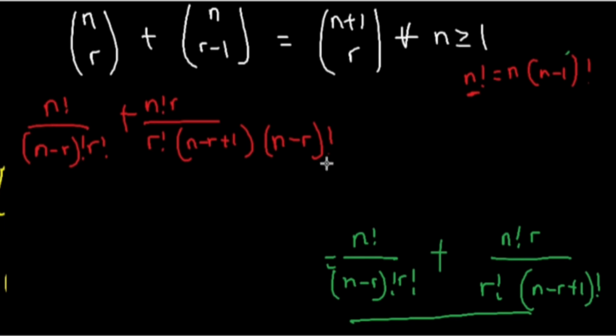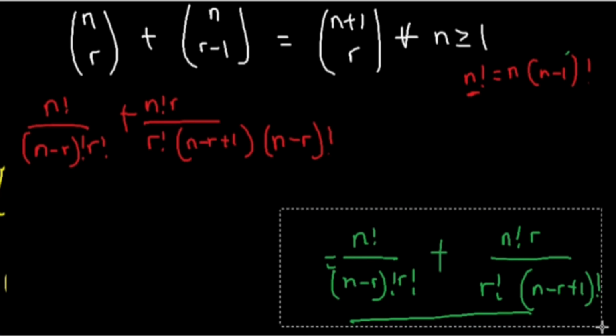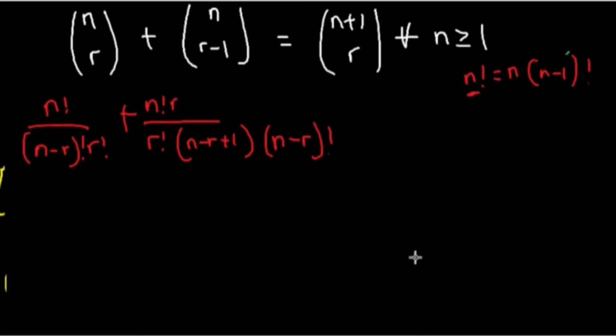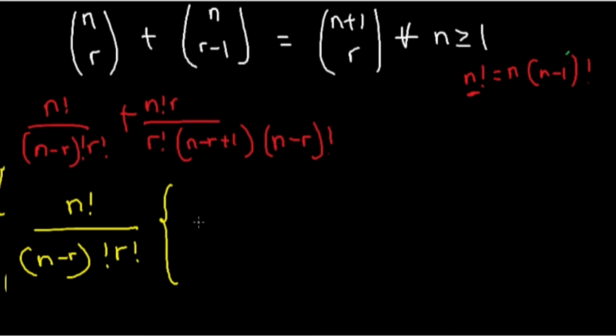Good. So what I'll do now is to collect like terms. So what can we say is actually common? We have N factorial to be common, N minus R factorial to be common, then R factorial is common. So I'll have 1 plus R over N minus R plus 1.